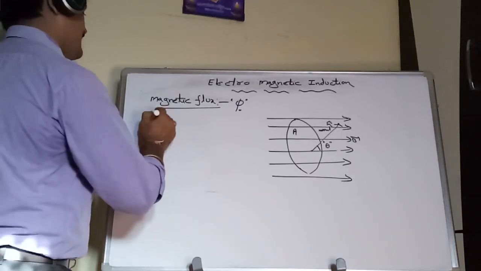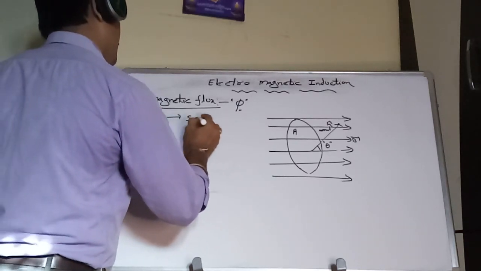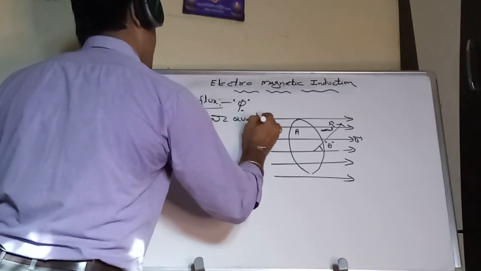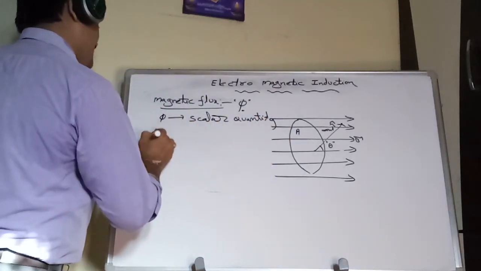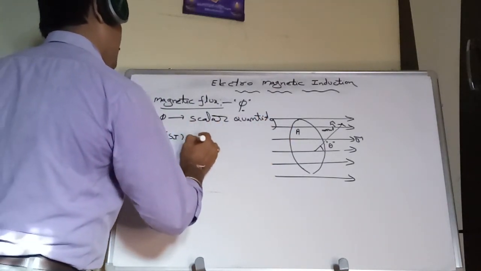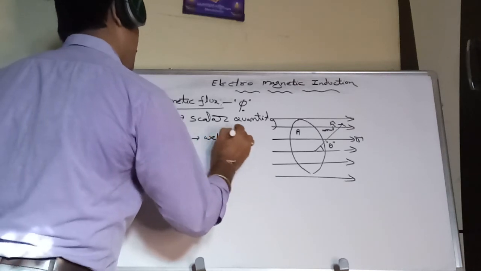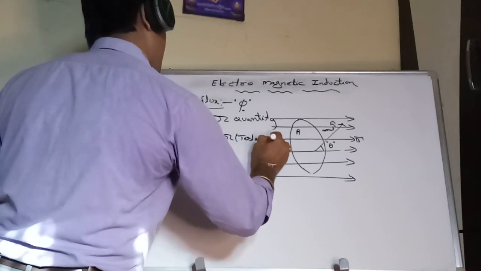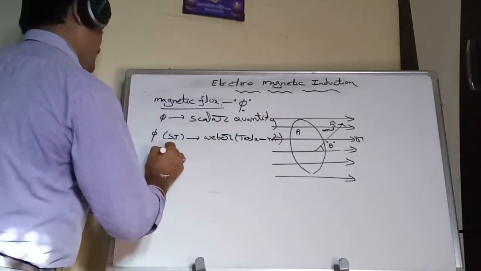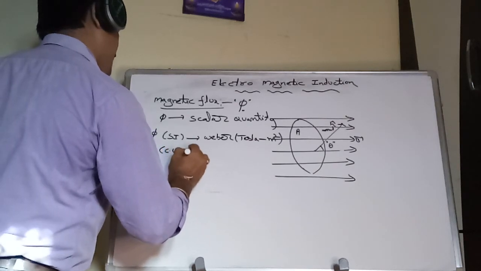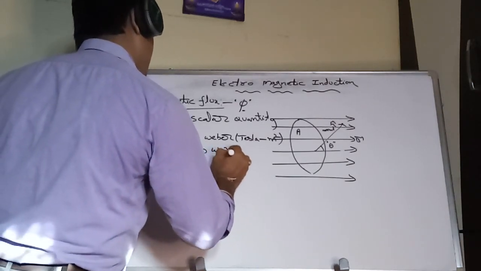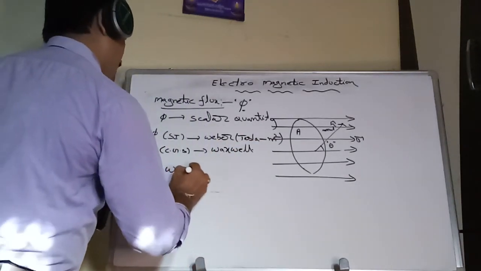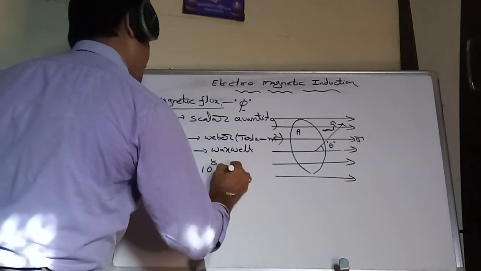The SI unit of phi is Weber, that is Tesla meter square. The CGS unit is Maxwell. So 1 Weber is equal to 10 power 8 Maxwell.